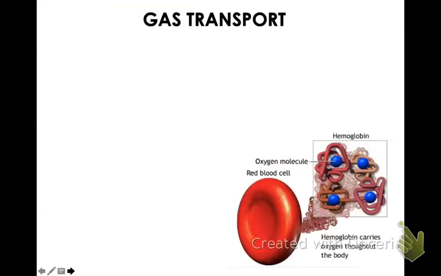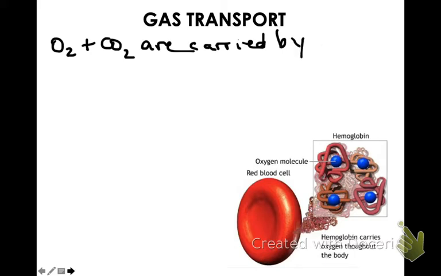All right, so just in general for gas transport, we want to know how this oxygen and carbon dioxide moves in our body. So oxygen is going to be carried by the blood, and so is CO2. So they're both going to be carried by the blood. Okay.